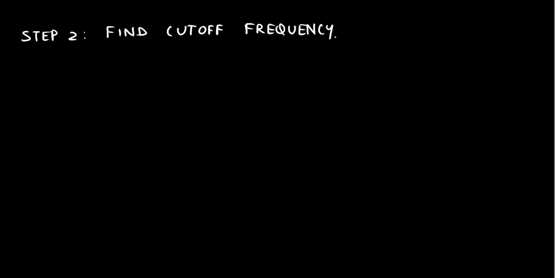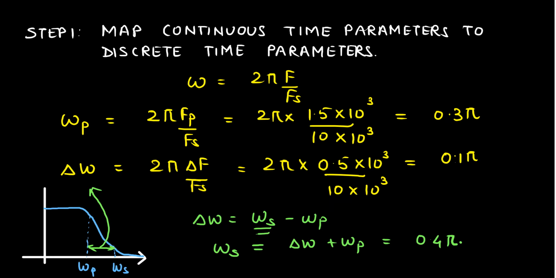So the cutoff frequency omega c can be calculated as the arithmetic mean of the passband edge and the stopband edge, that is omega p plus omega s divided by 2. The passband edge is 0.3 pi and the stopband edge is 0.4 pi.